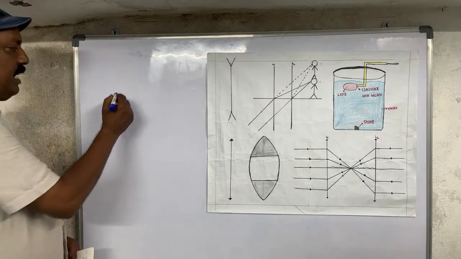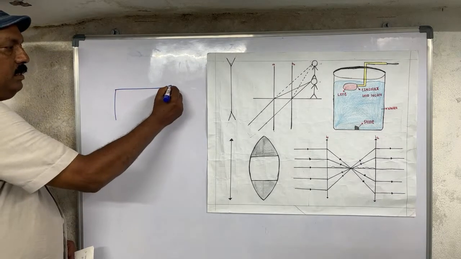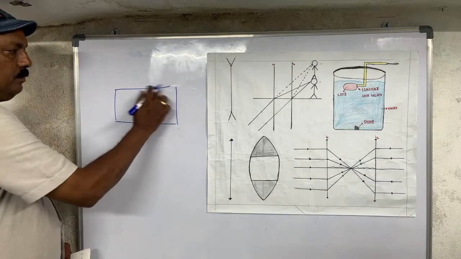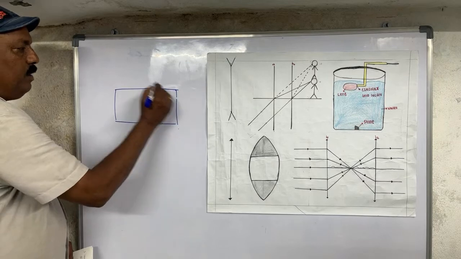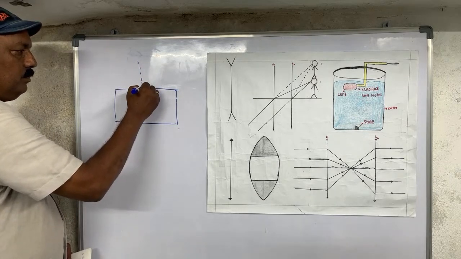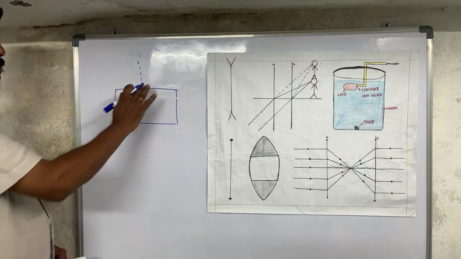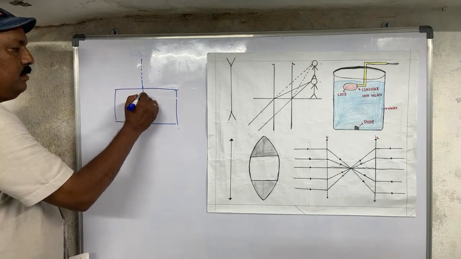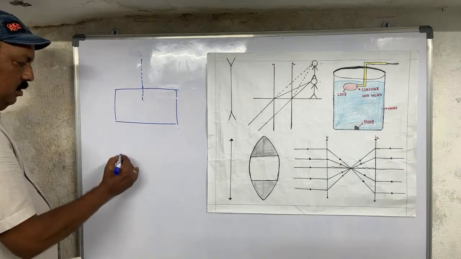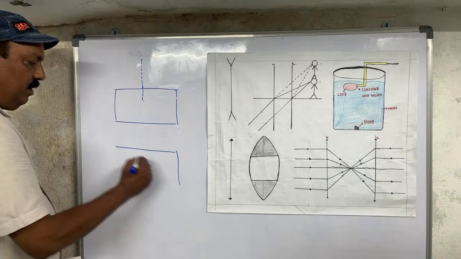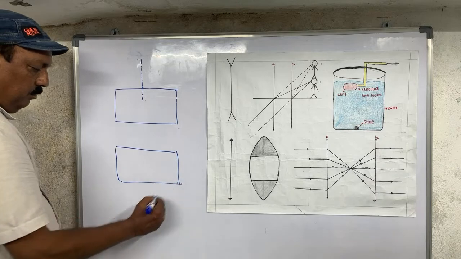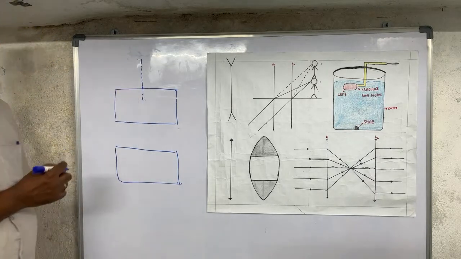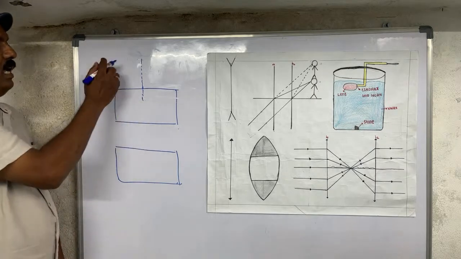Now my strategy is, suppose we take one ordinary glass slab. We will draw one midpoint in this glass slab. Light will enter. Another glass slab also I will draw here. First of all, whenever I take one glass slab, this is the air.